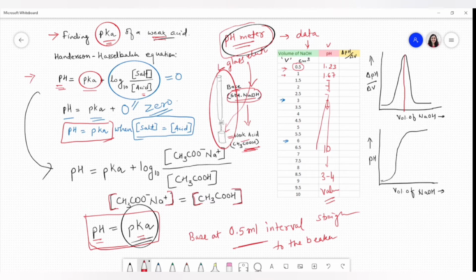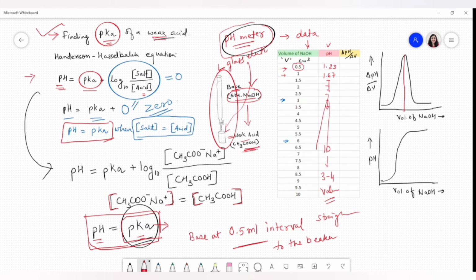So we will have the data now. Now having this data, we will see how it helps us in calculating the pKa value, which is our objective. So let's see in the next column what I have taken.